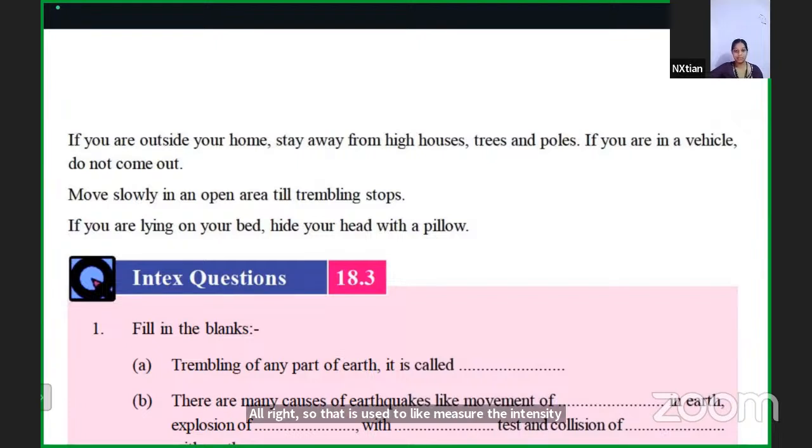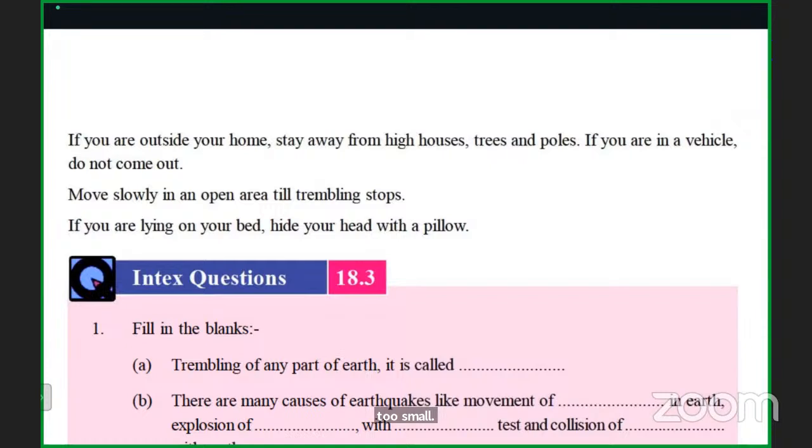Okay, the magnitude term. So I have a question, ma'am. The Richter scale measures the magnitude. So how high does the magnitude go? What, Abraham? Like 2, 3, 4, 5, 6, 7, 8, 9. After 9, are there any more numbers? I think it's 10.